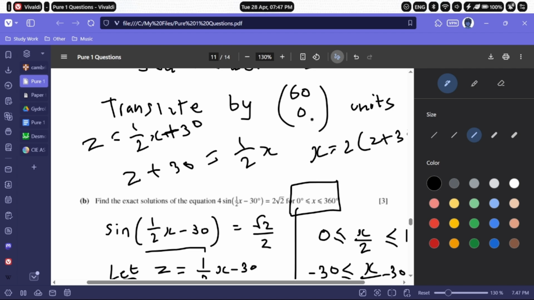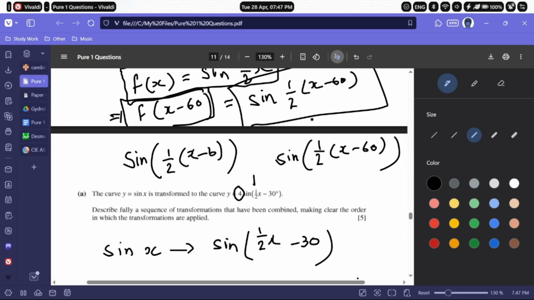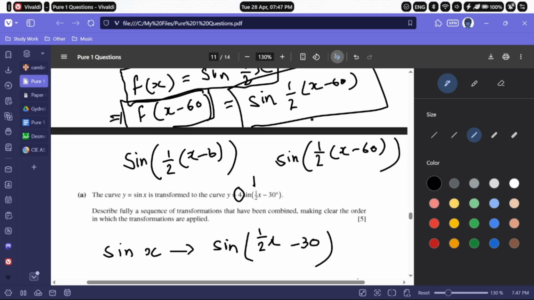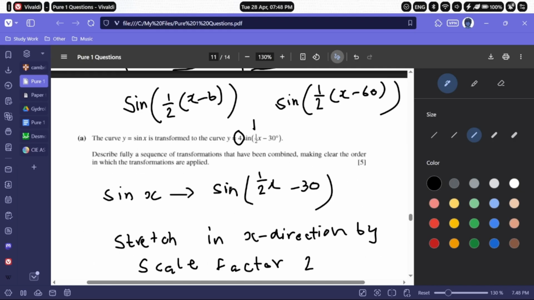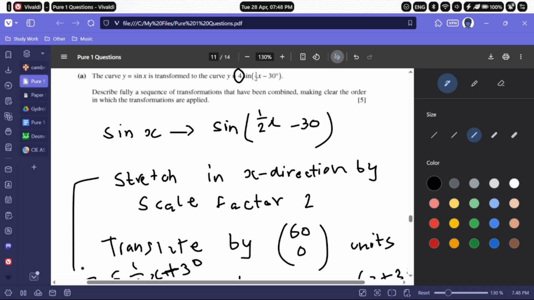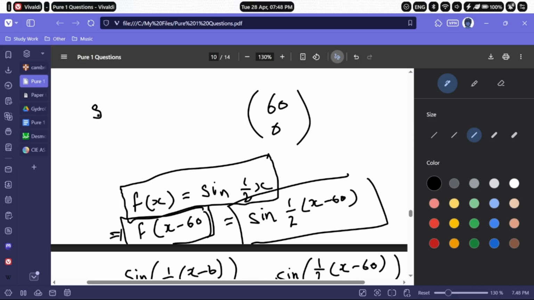The other method is that you would translate it first and then you do the stretch. But your main goal is that whatever transformations you do, you have to get sine 1 by 2 x minus 60. So if you don't want to do the first method, you'd have f of x is sine x, then you'd translate it to sine x minus 30.